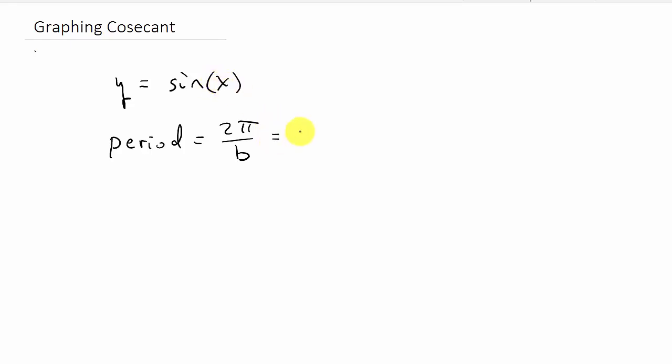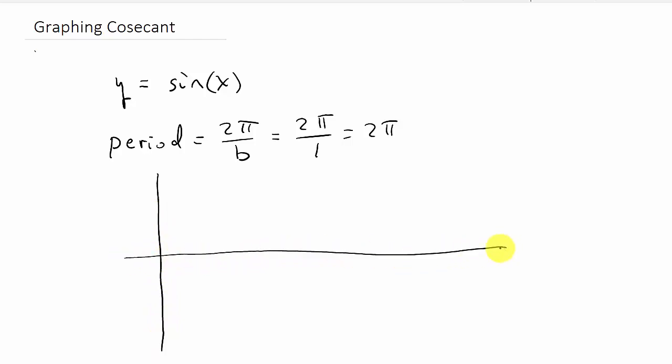In this case b is 1, and so our period is 2 pi. We'll graph it over one period, from 0 to 2 pi, and we need to break this up into 4 equal intervals.